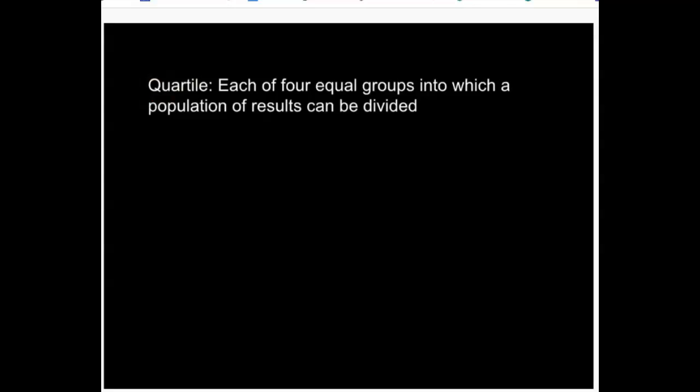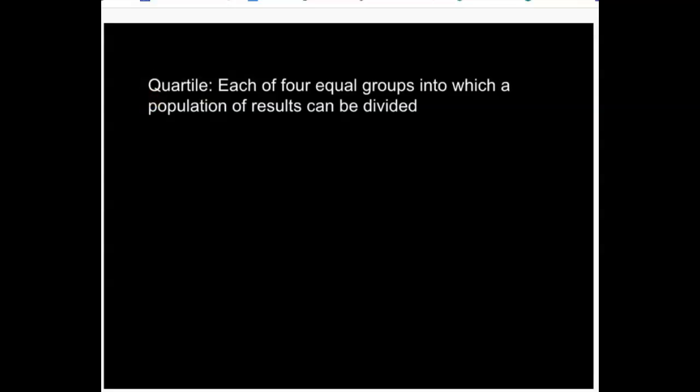And so quartile is when you are breaking your population, which is all of your results, into 4 equal groups. Basically what we're going to do to find our quartiles, or our 4 equal groups, is find our median or our halfway point, and then find the median or the halfway point of each halfway point to get quarters.